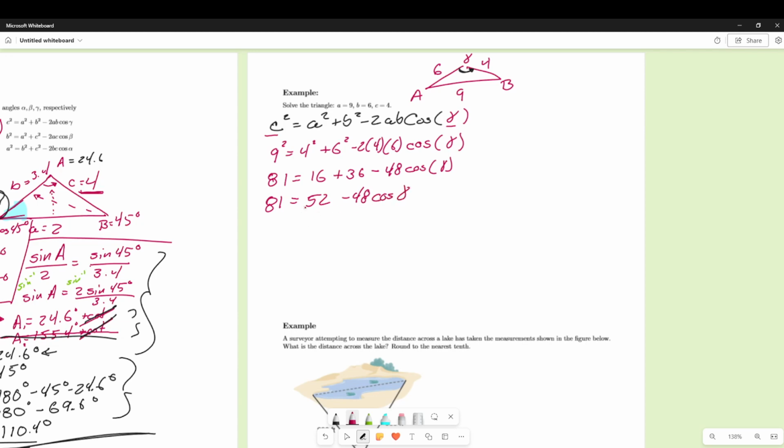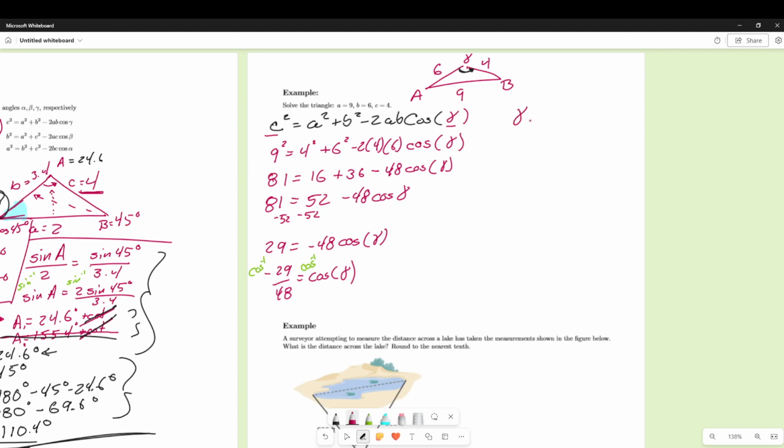Careful, don't subtract those. It's so tempting, isn't it? Subtract the 52. That's going to be 29, I think, equals negative 48 cosine gamma. So negative 29/48 is cosine gamma, or however you want to go about simplifying that. So cosine inverse is going to give us gamma.